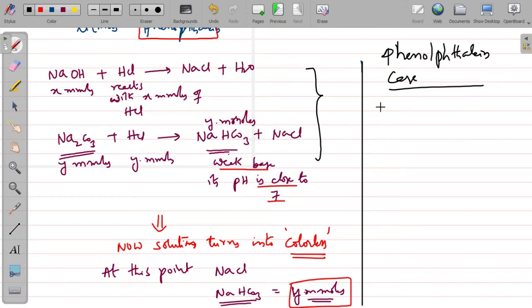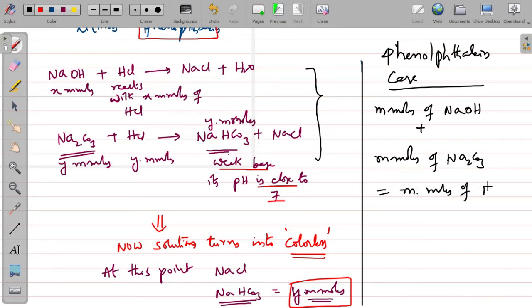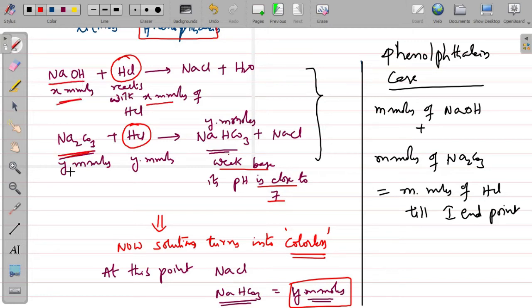Now here, can I say millimoles of NaOH plus millimoles of Na2CO3 is equal to millimoles of HCl till the first endpoint, because at the first endpoint, whatever the total quantity of HCl you have taken is reacting with these 2 compounds only, and X reacts with X and Y reacts with Y. So total millimoles of HCl is equal to millimoles of NaOH plus millimoles of Na2CO3.